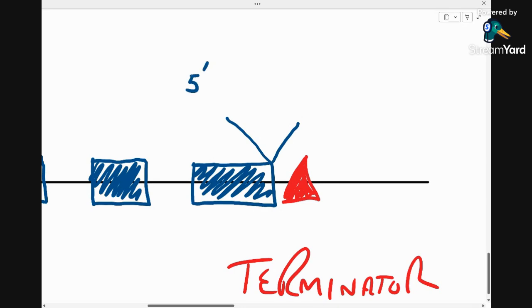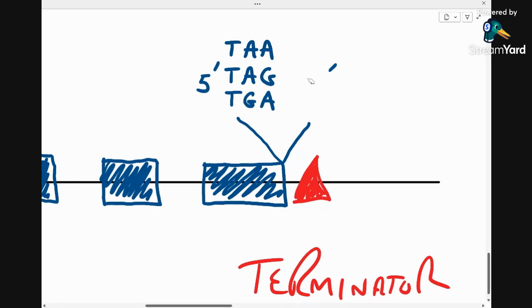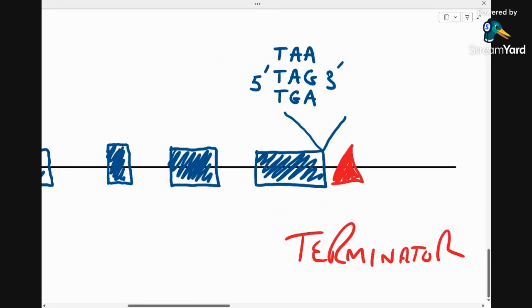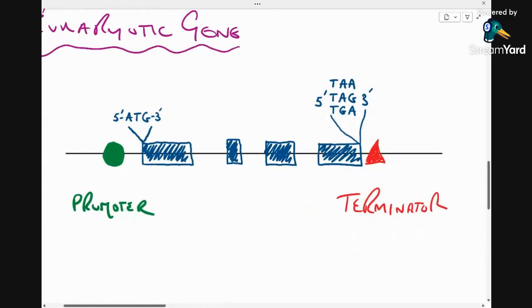I'll do it bigger actually. It will be T, A, G, T, G, A, or T, A, A, going from a 5' to 3' direction. That's not a very good diagram, but hopefully that makes sense.